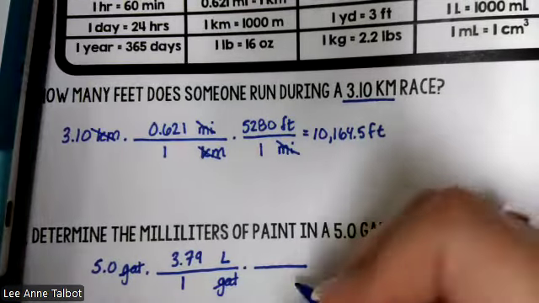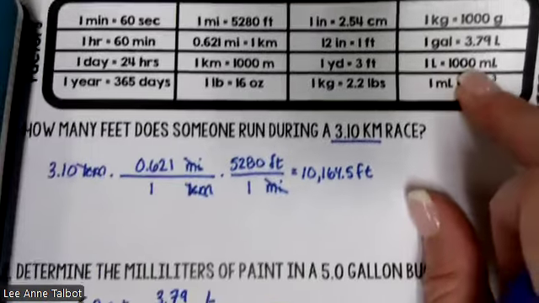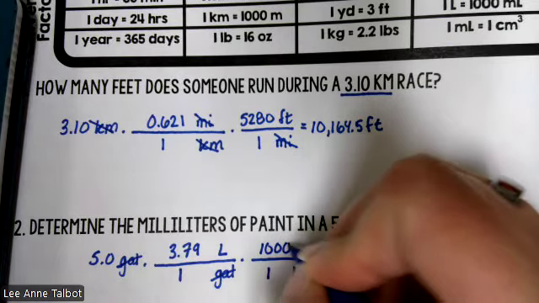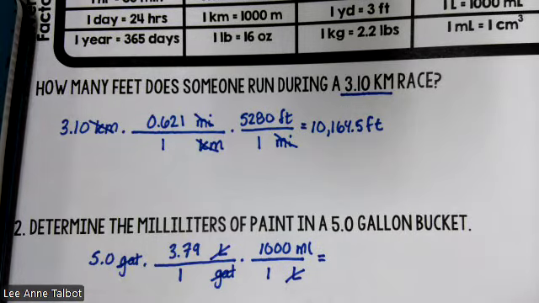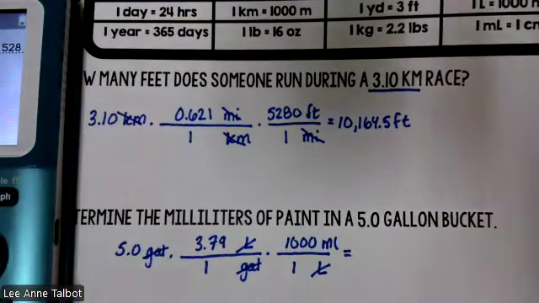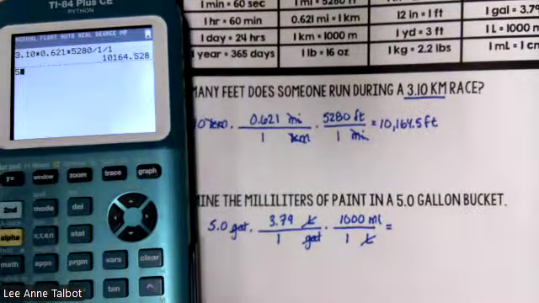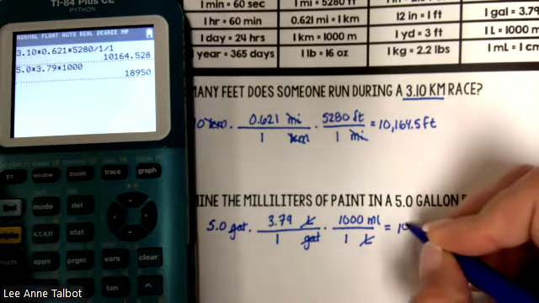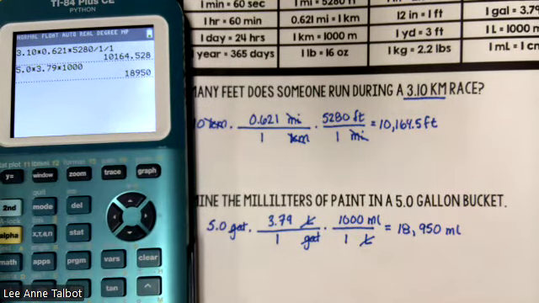Okay, and then I have to put liters on the bottom. 1 liter is 1,000 milliliters. Multiply across the top. 18,950 milliliters.